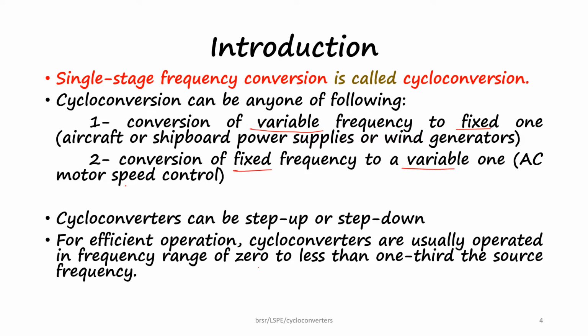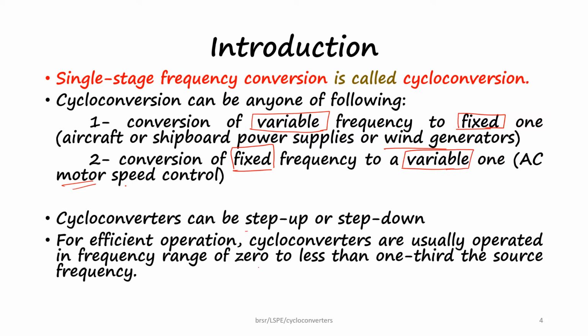In the case of wind generators, the wind velocity will decide the frequency of the EMF generated, and that frequency will not be uniform all the time. It will be variable. So the variable frequency is converted into a fixed one using cycloconverters. And in the case of AC motor speed control, from fixed frequency we change the frequency to the required range to control the speed of the motors.